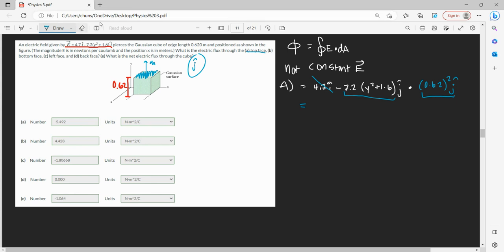So what do we plug in for y? Well, since we are at a distance of our side length from our origin, we are going to put 0.62 in for our y.